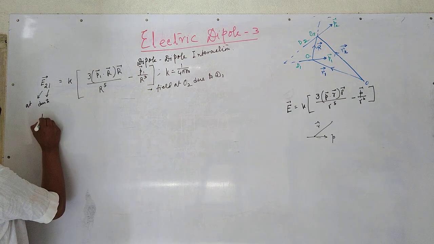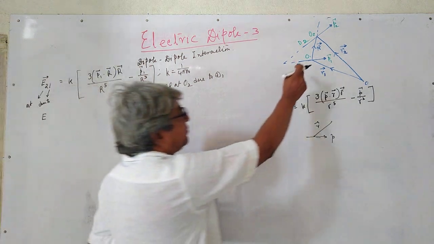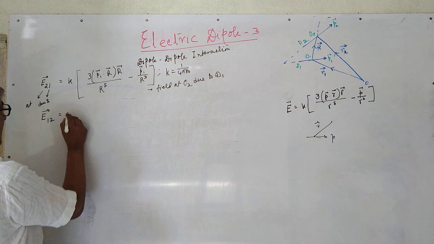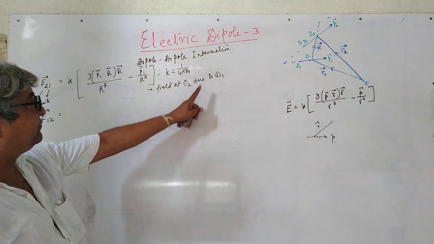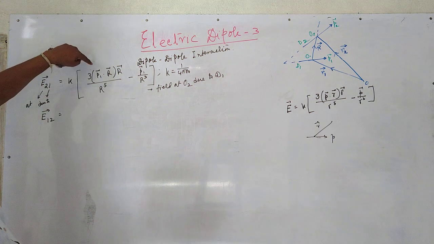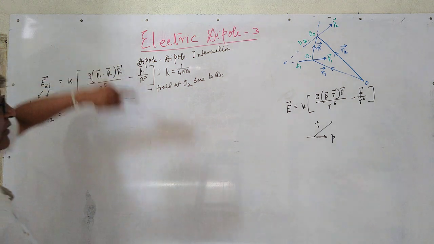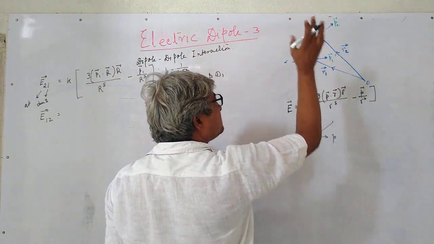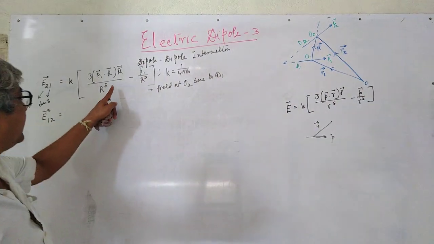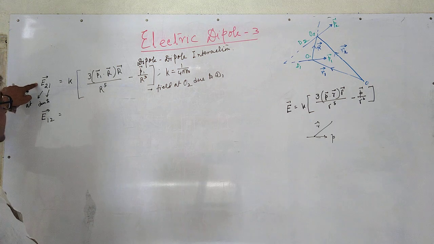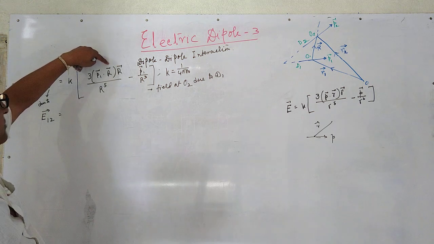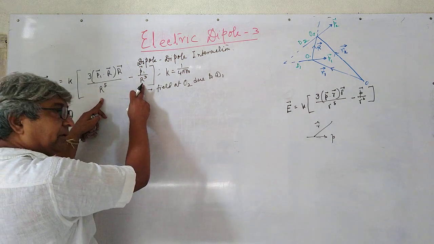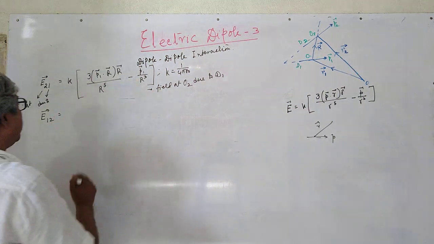Similarly, if we want to calculate the field at the location of dipole 1 due to 2, we can have the expression for E12 by replacing P1 by P2, and you know that the position vector of 1 with respect to O2 is minus R. So we can get the expression for E12 from that of E21 by replacing P1 by P2 and vector R by minus R. On interchanging R by minus R, the scalar part does not change, as the magnitude of the vector does not change.